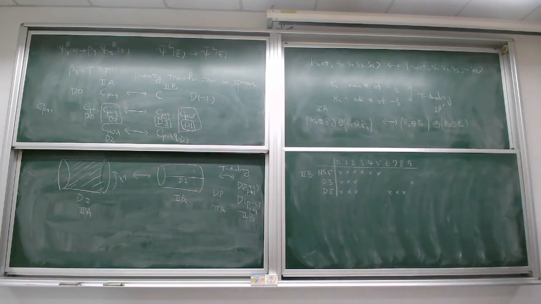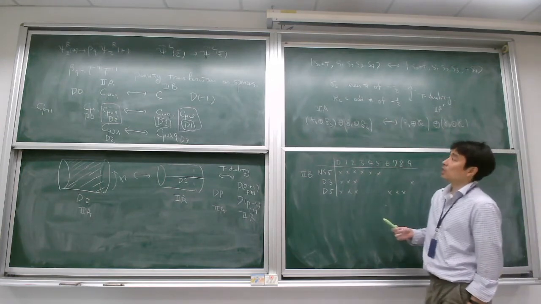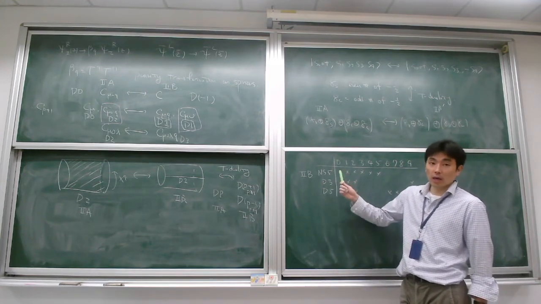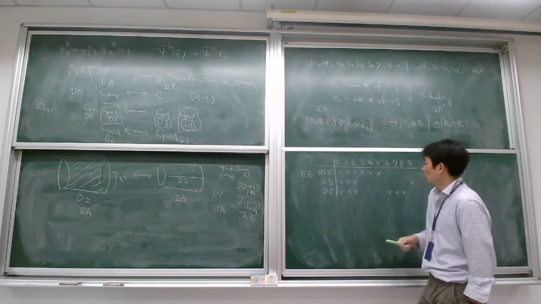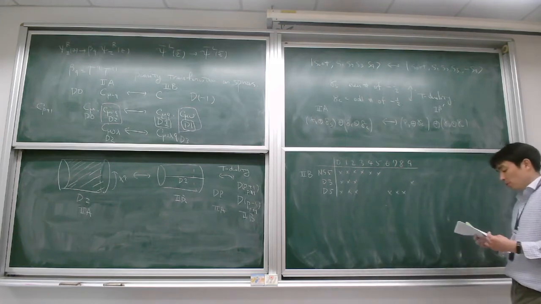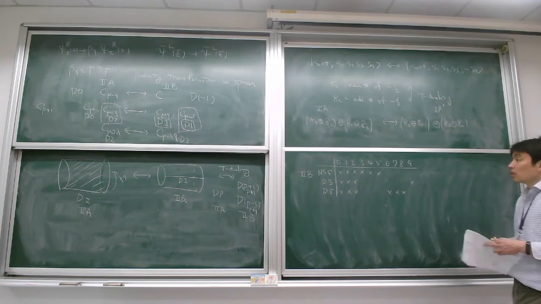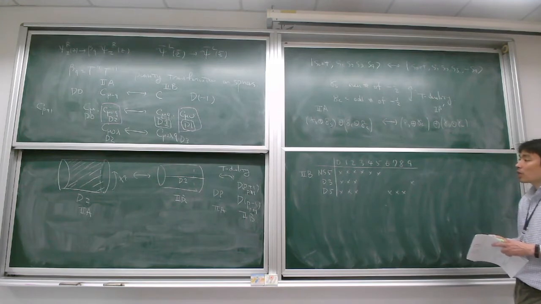We can consider the following type of configuration for the branes. So type 2B has P odd, but it can also have an NS5 brane. Okay? And for instance, you can just consider such a configuration.